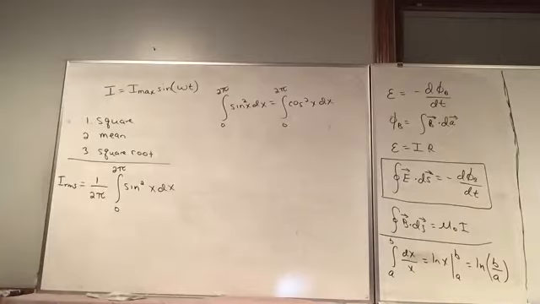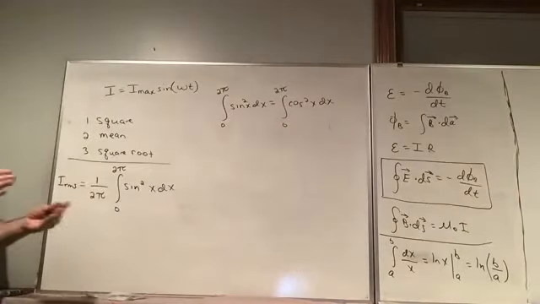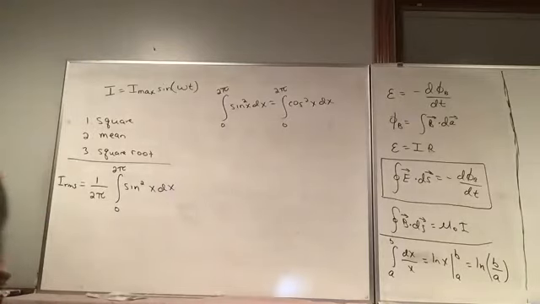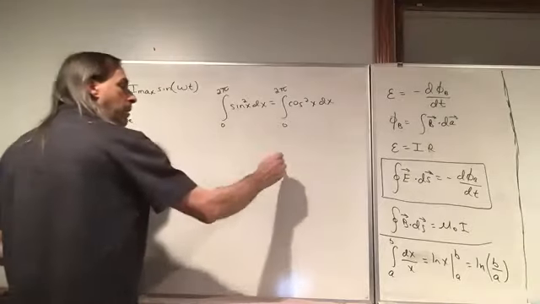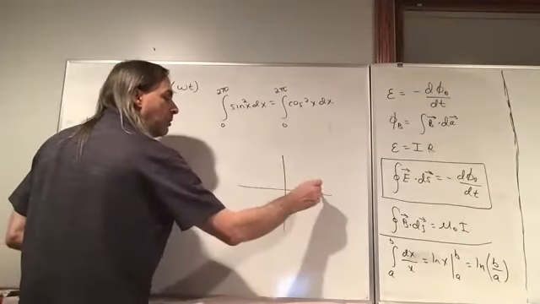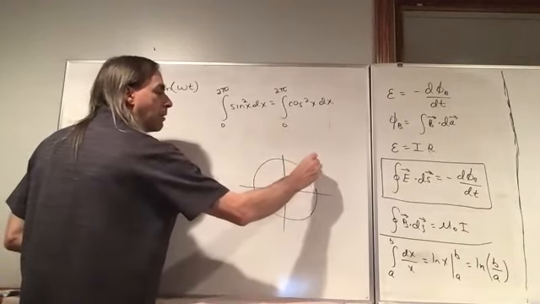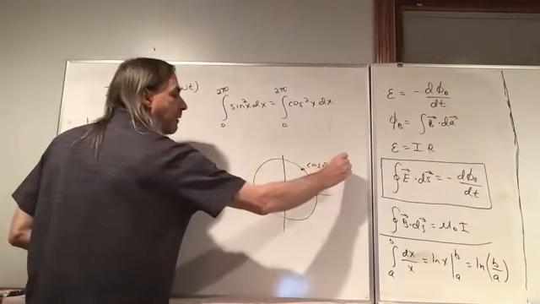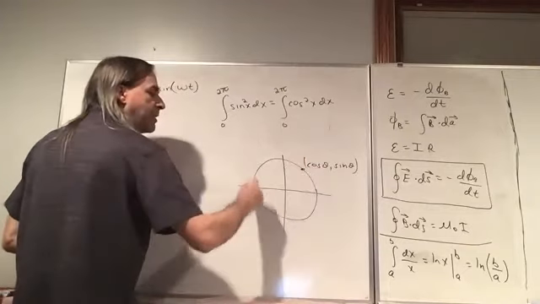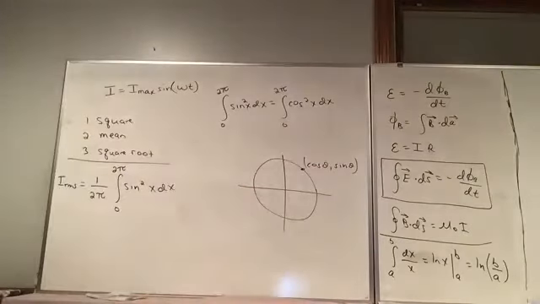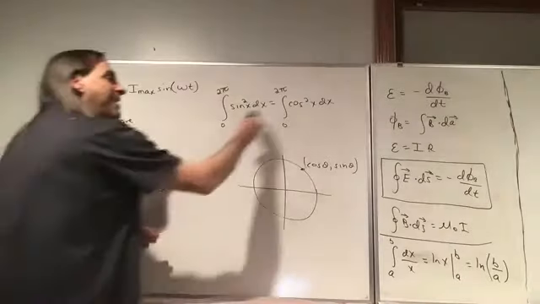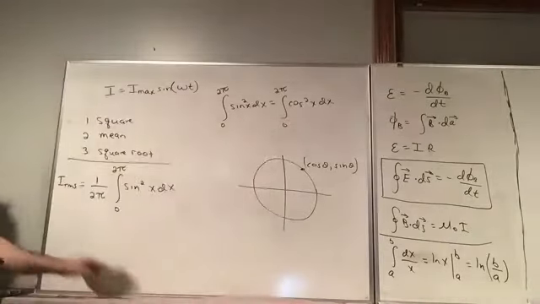That is because sine and cosine are the exact same function, except they're shifted with respect to each other. But if you go over a full cycle, it doesn't matter. Like if you look at the unit circle, the coordinates of any point are cosine theta, sine theta. And as you go around the circle, you're going to get the exact same values if you look at the x or y coordinate.